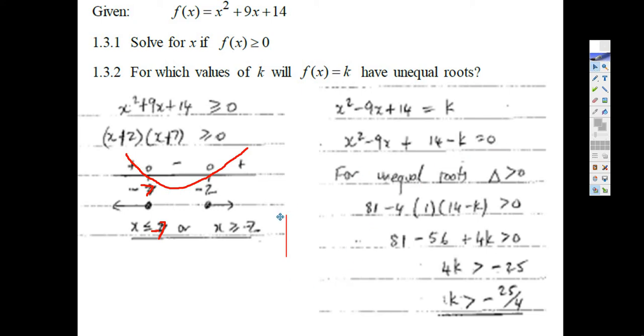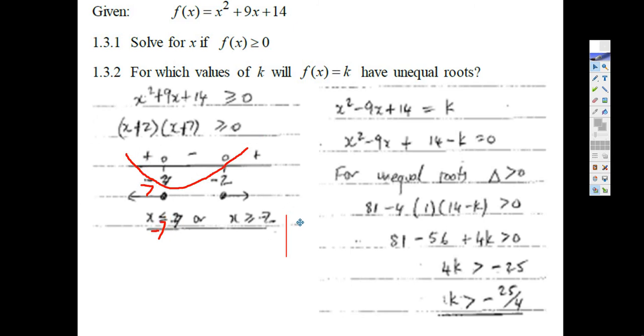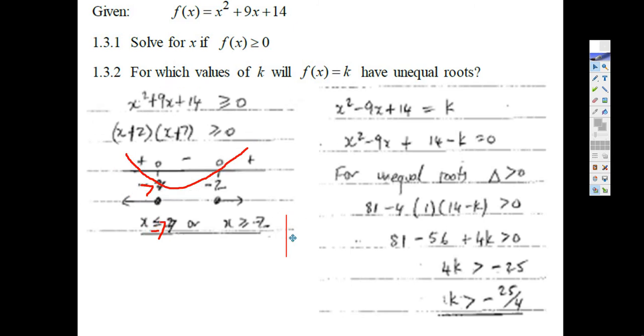When they say unequal roots, that means the discriminant b squared minus 4ac is greater than 0. If you remember from your investigation, when delta, the b squared minus 4ac, is equal to 0, it's got equal roots. But when it's greater than 0, it's unequal roots.